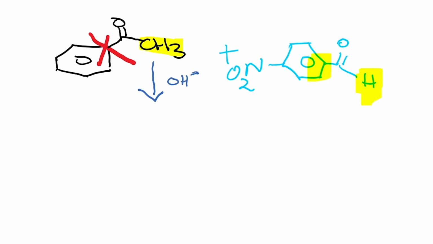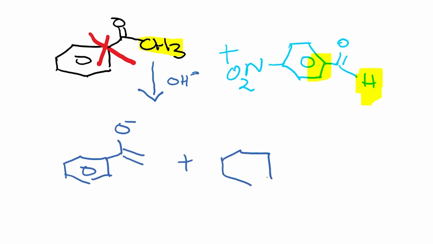So what we can expect as the first intermediate in the reaction is this enolate, right? And the coupling partner, or the electrophile, is shown here.